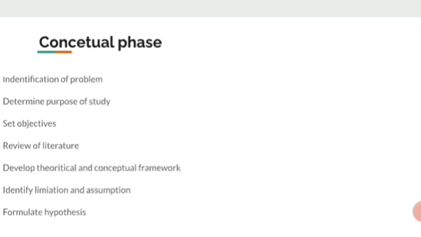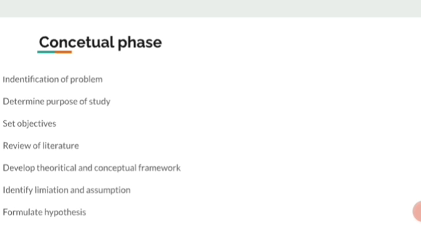Identify limitations and assumptions. You have to identify what is your limitation in the study. Maybe you are focusing only on the male or only on the female of age between 35 to 45, or maybe those who are living in only one district. These kinds of limitations will be there, like sample size, sample characteristics.